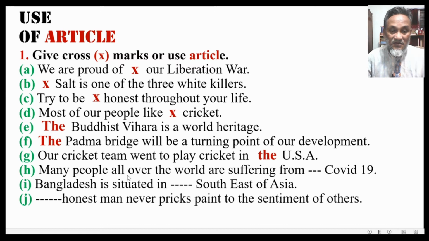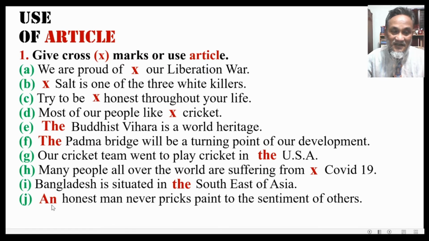Many people all over the world are suffering from COVID-19. Any disease name is uncountable. We can't use a or an article. That's why a cross. Bangladesh is situated in dash southeast of Asia. Natural definite, then the. Then dash man and honest man.